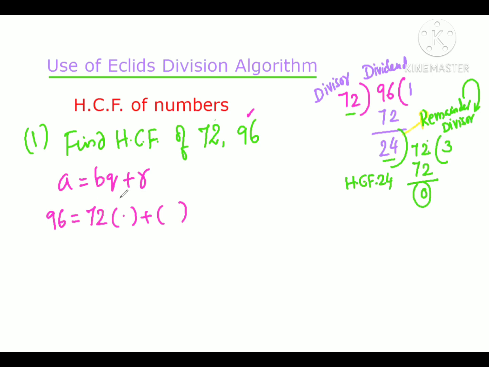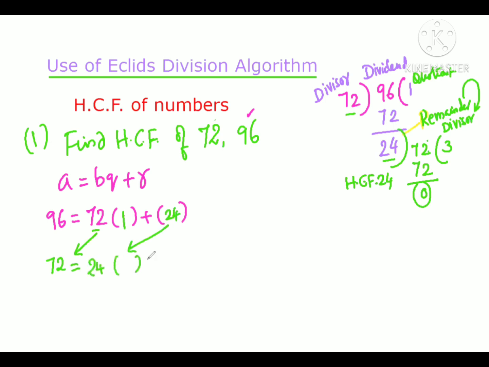So here this is the quotient, and here the remainder is 24. Now this 72: here the remainder is not 0, so 72 should be taken as the new dividend, and this remainder is taken as the new divisor.